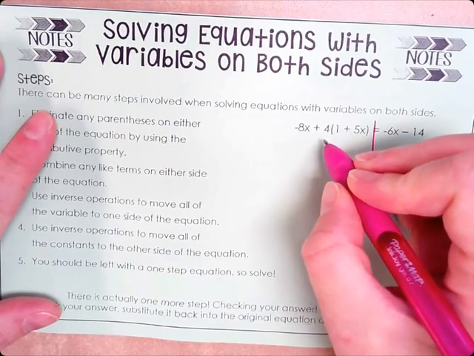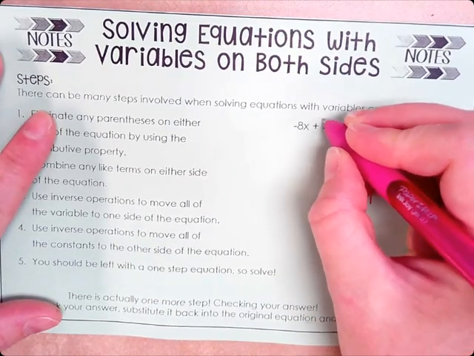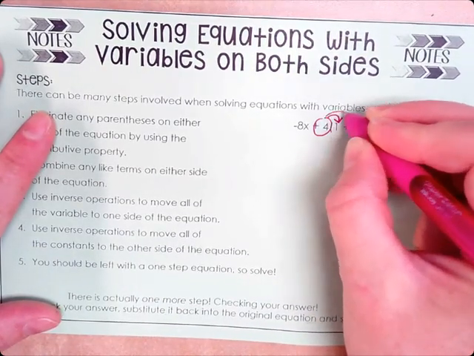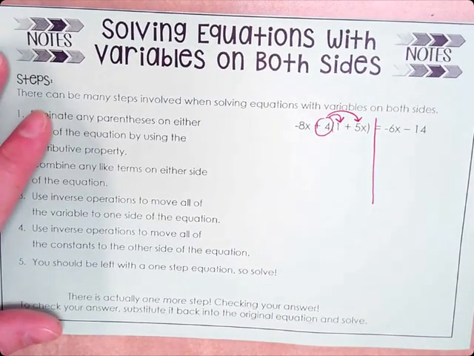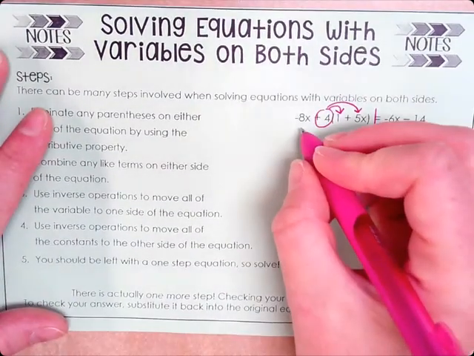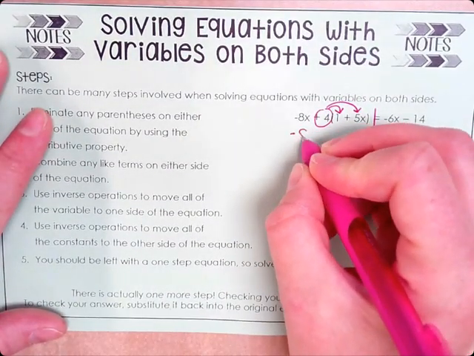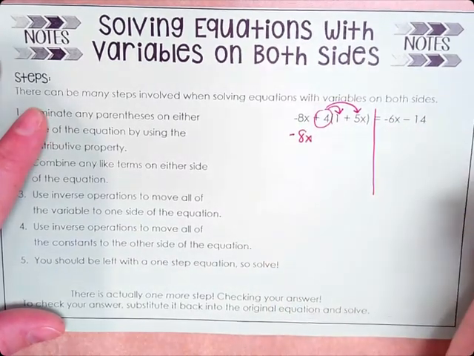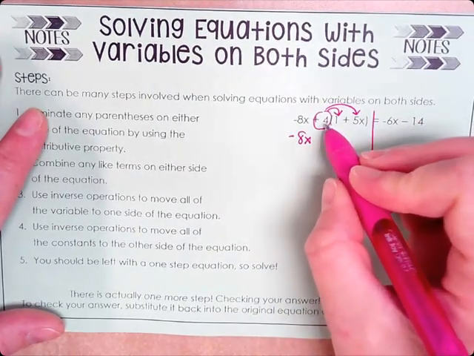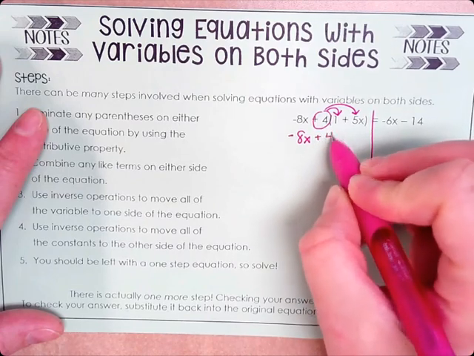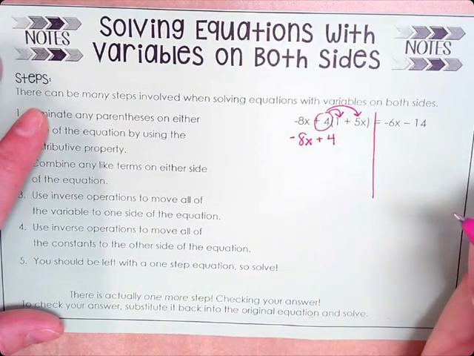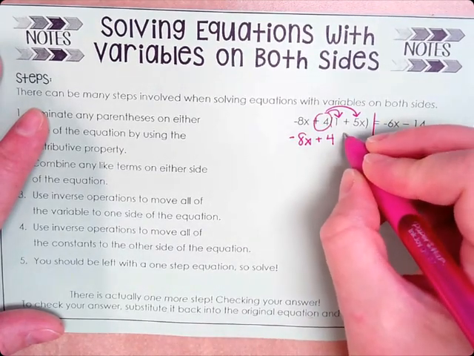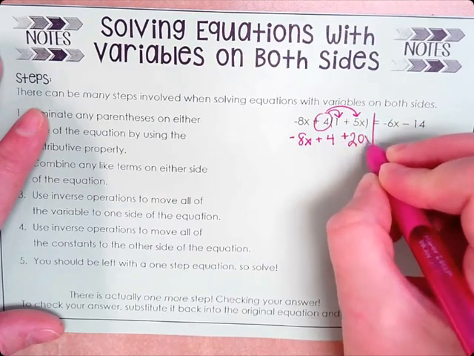So we have to distribute the 4, and it is a positive 4 on the left side. Carry down the negative 8x. And then we have 4 times 1 is 4, so just plus 4. And then 4 times 5x is 20x.